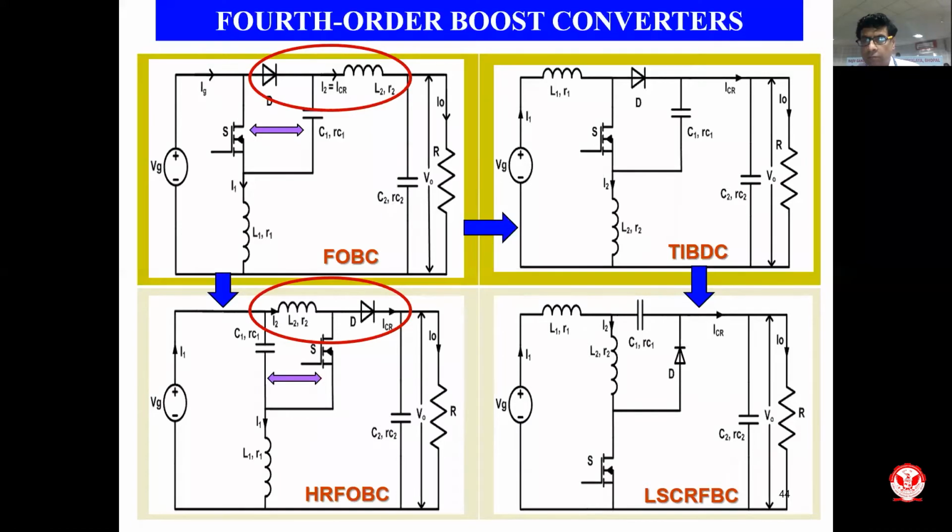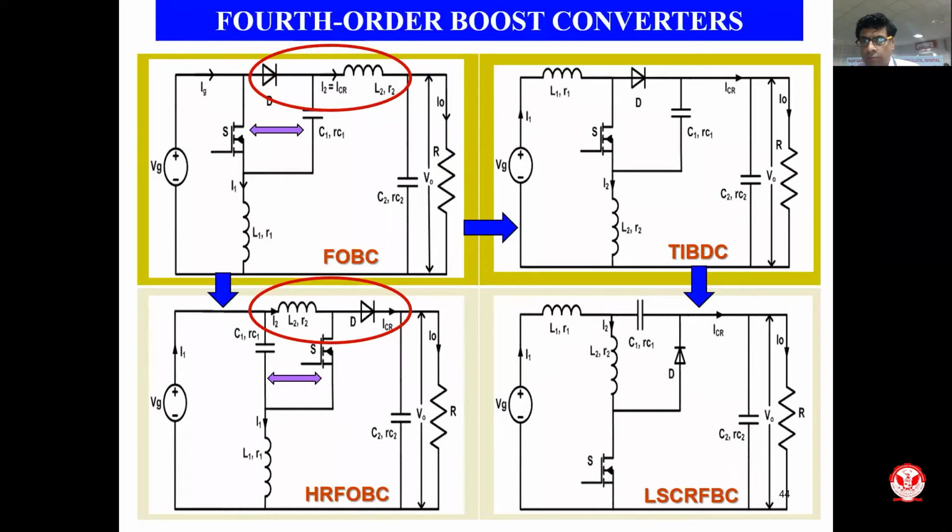So it's not always that increasing the order will improve the performance. Moreover, increasing the number of inductors eventually means increasing the magnetics, putting up higher values of inductors and capacitors, and it will slow down the dynamic response of the converter.